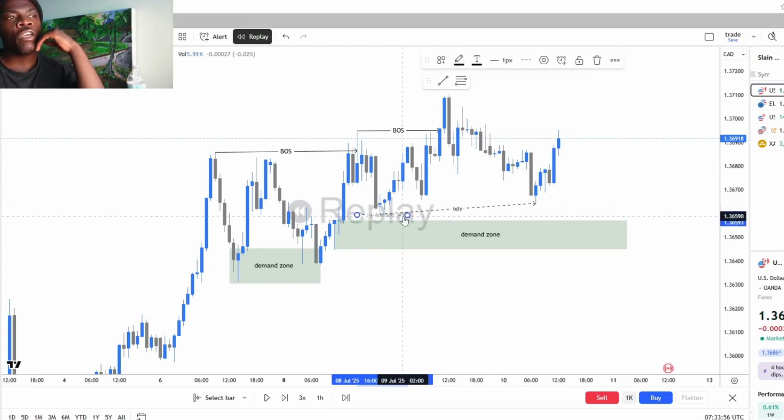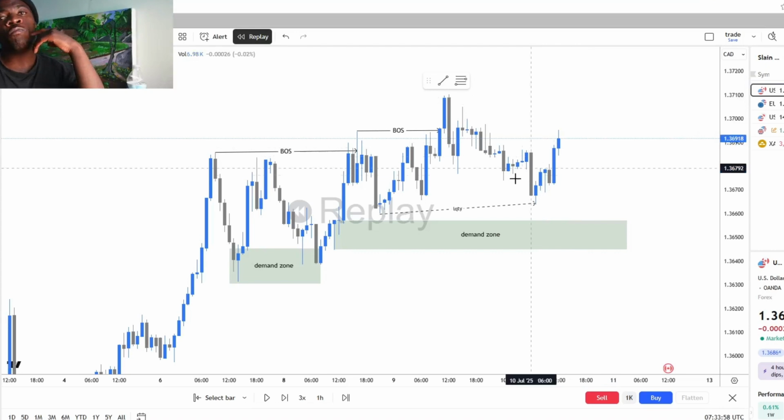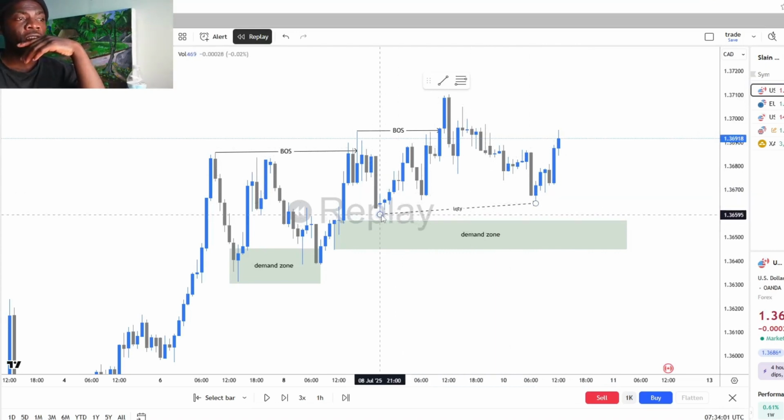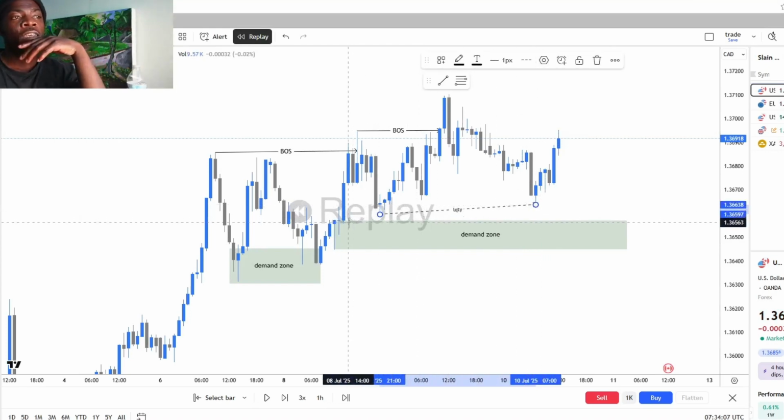But price didn't only create areas of inducement. Since price left this inducement right here, it created another form of inducement, but once you connect it together, it's a form of liquidity.